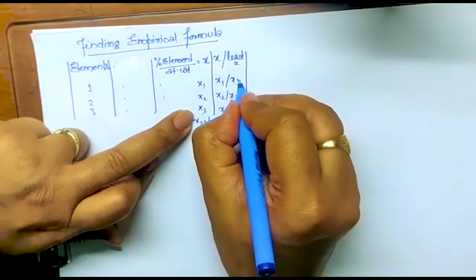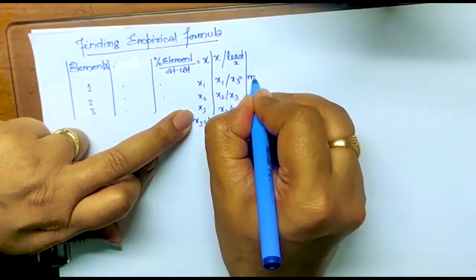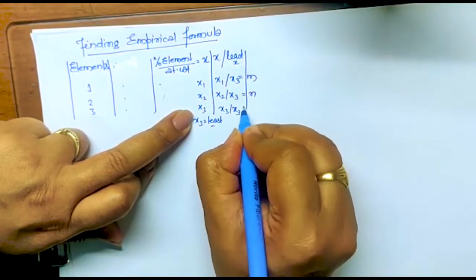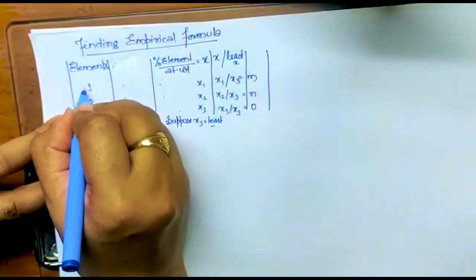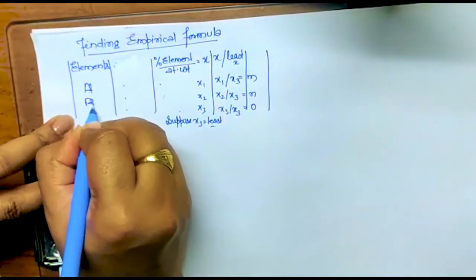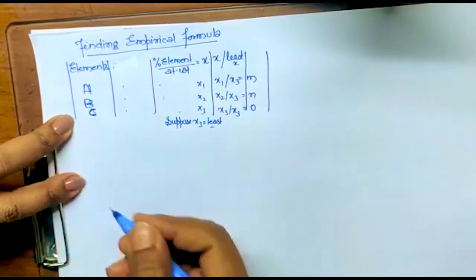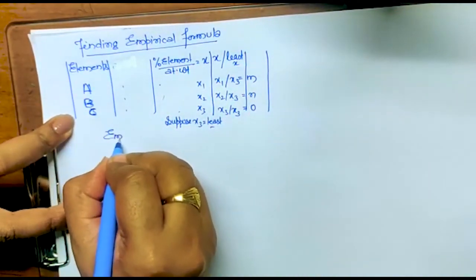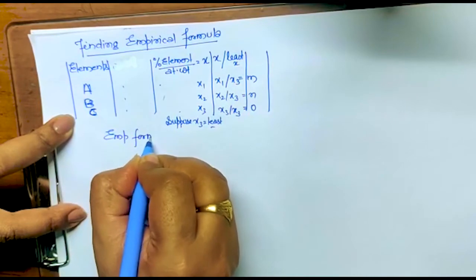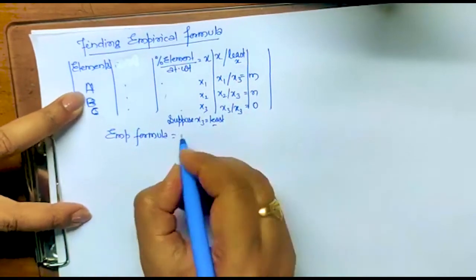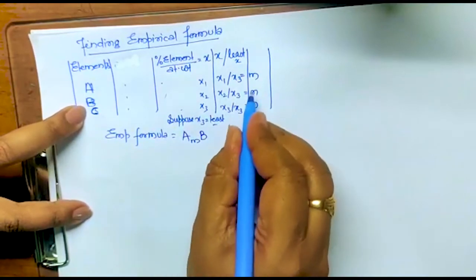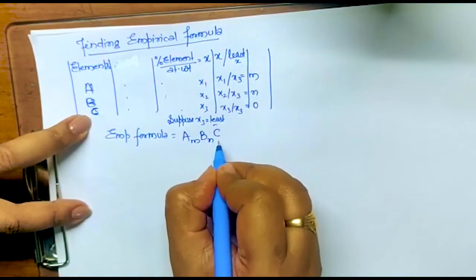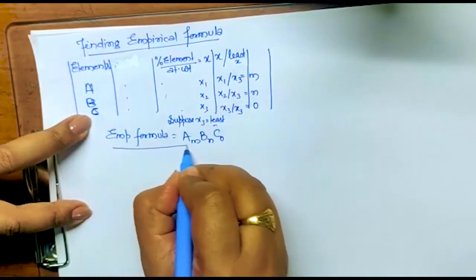Suppose this came to m, this n, and this o. The elements were A, B, and C. So the empirical formula will be: A, how many atoms? M. B, how many atoms? N. And C, how many atoms? O. So this is the empirical formula.